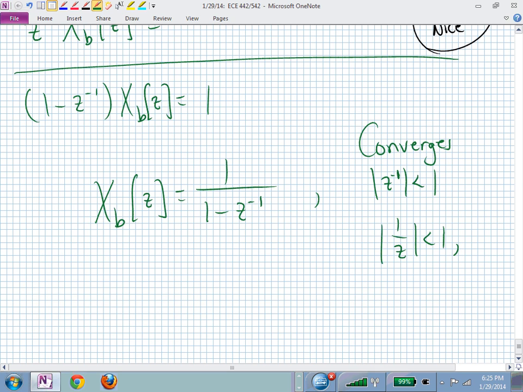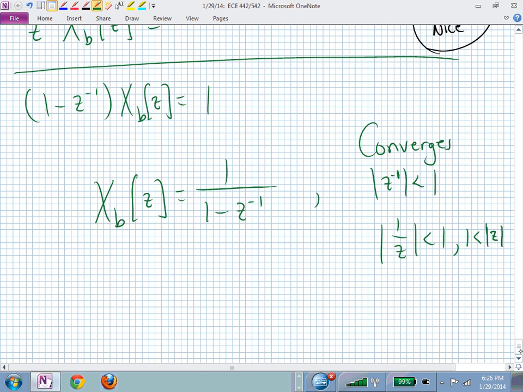But that's the same as saying the absolute value of z, as long as that complex number is bigger than 1, that sum is going to converge, and I'm going to get this for my z transform of a unit step. So I have a unit step that's well behaved as long as z, this complex number, is bigger than 1.